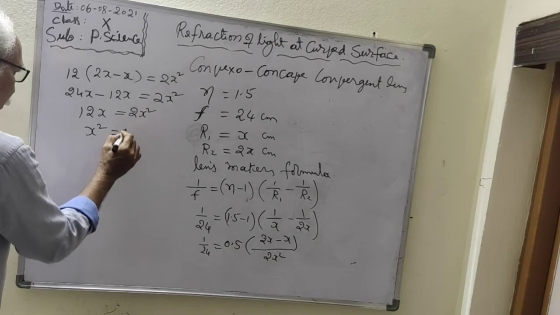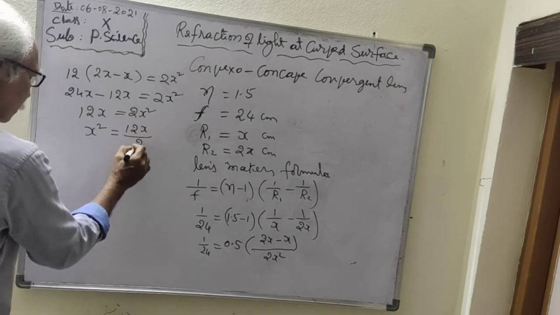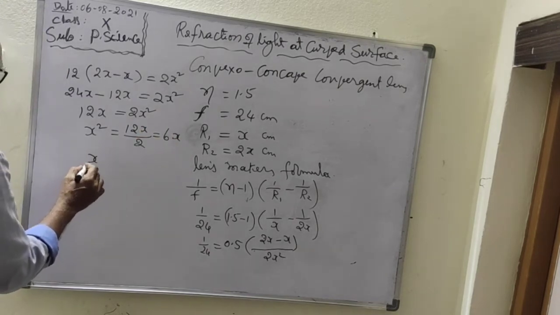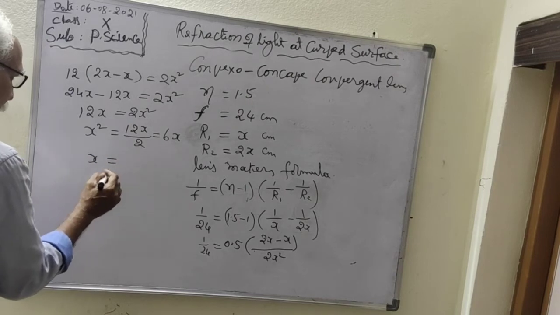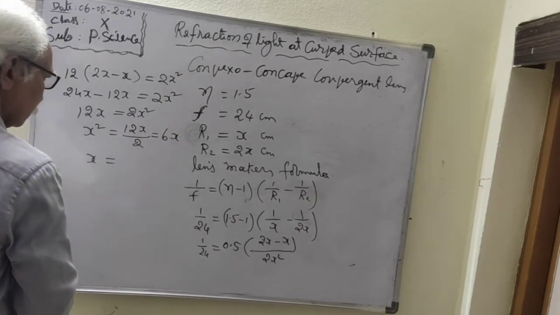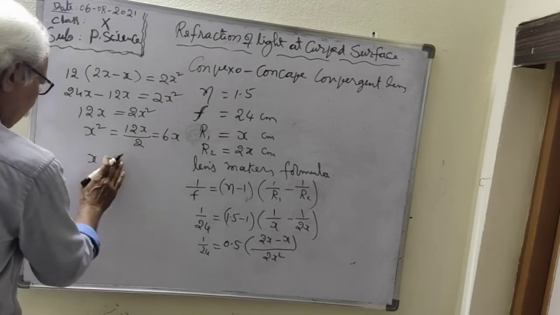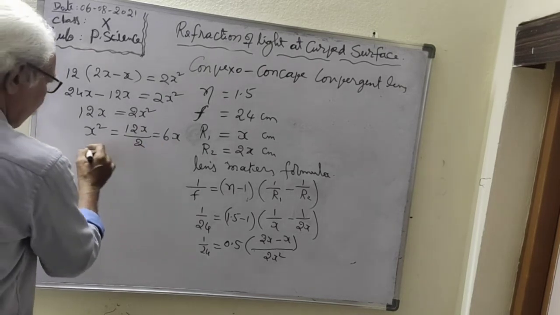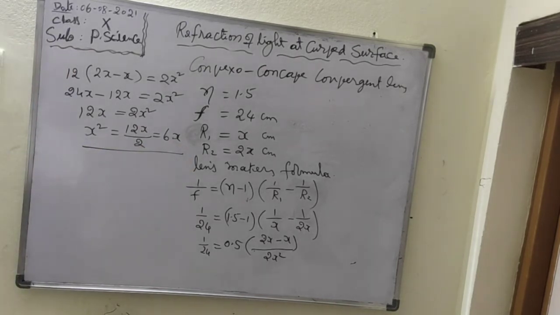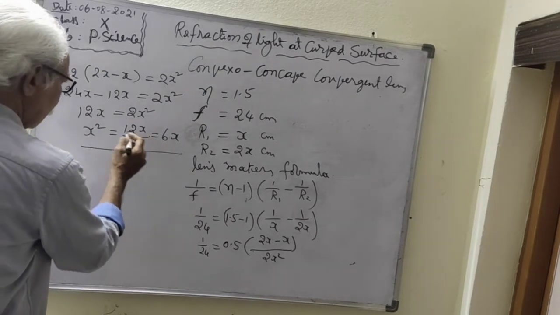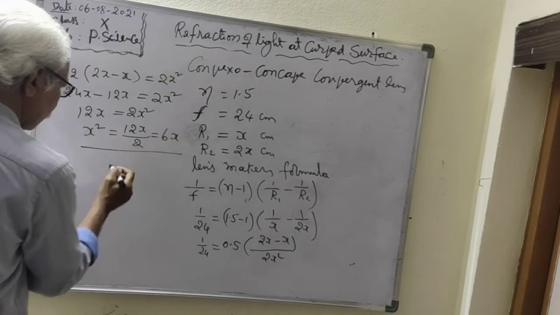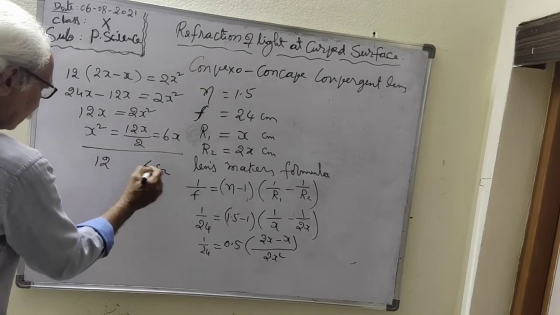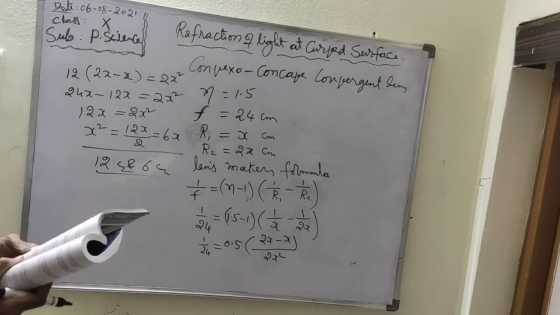So x square is equal to 12x by 2, which is 6x. By using this, you can calculate the answer: x is equal to 12 and 6 centimeters.